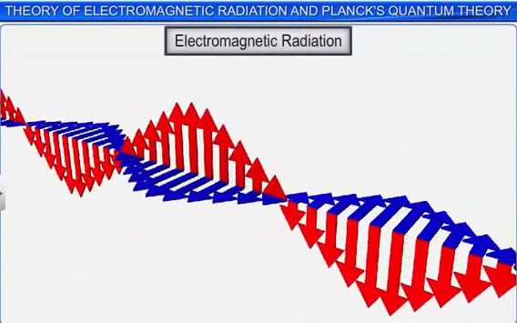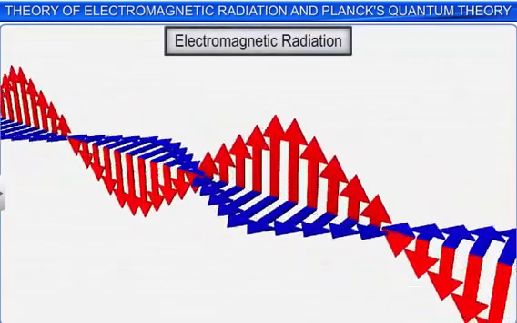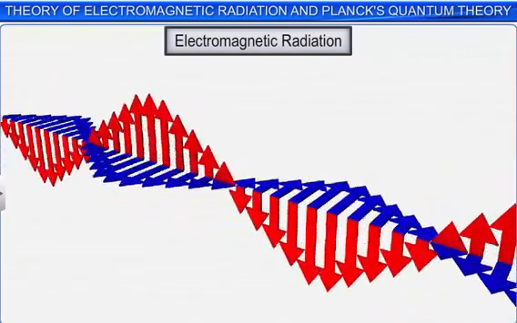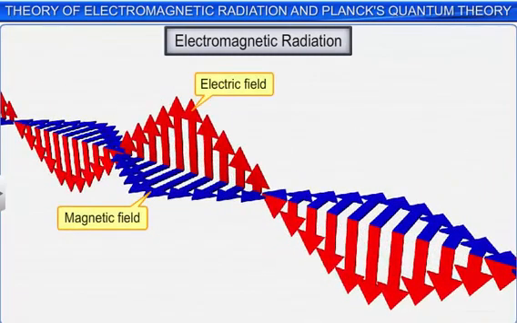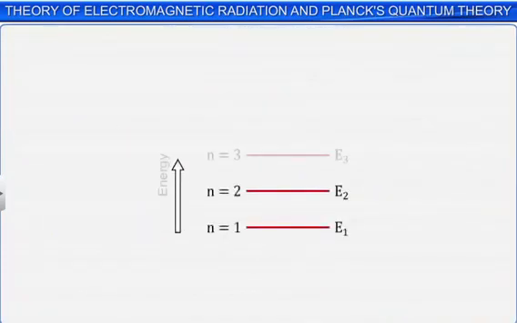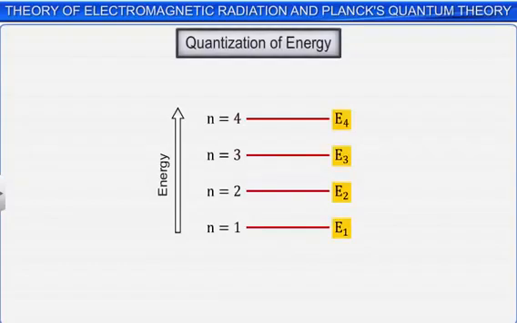To understand Bohr's atomic model, it is necessary to first acquaint ourselves with the nature of electromagnetic radiations. The underlying principle behind Bohr's atomic model is the quantization of energy, which is explained in the latter part of our discussion.